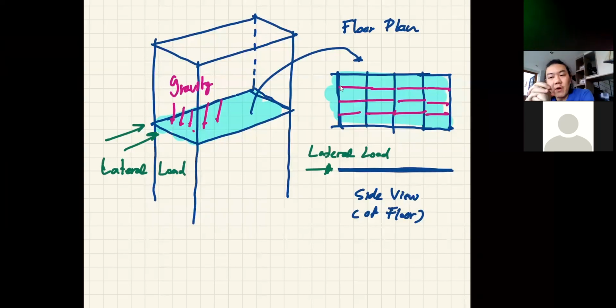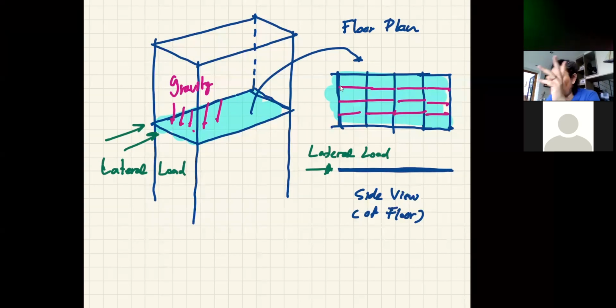So the floor system alone is for taking care of the vertical load system or the gravity load. When you have the lateral load, you need to have the lateral load system to handle the lateral load itself. And the floor alone is not enough.